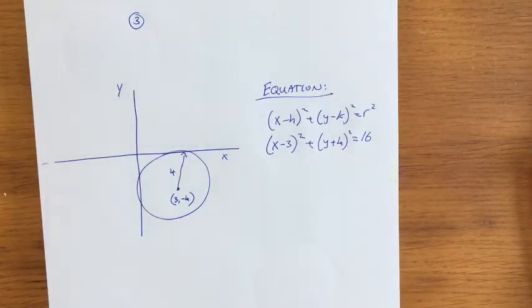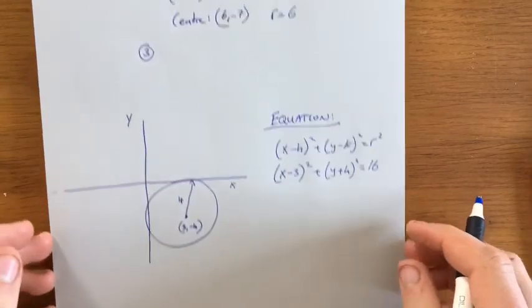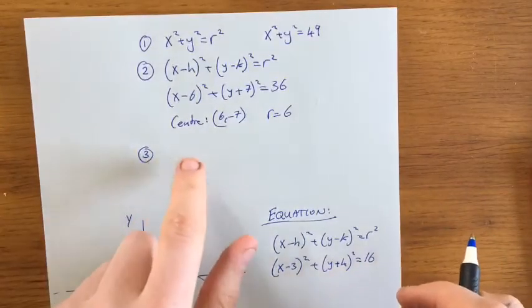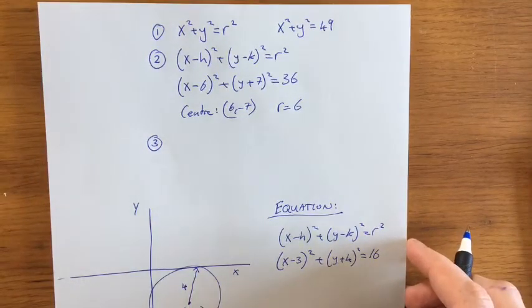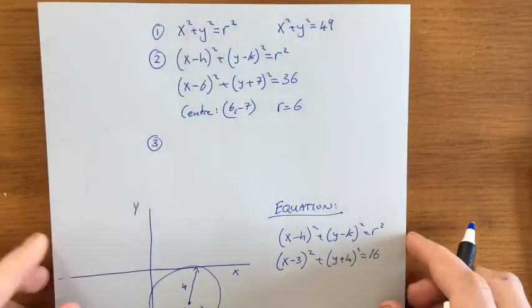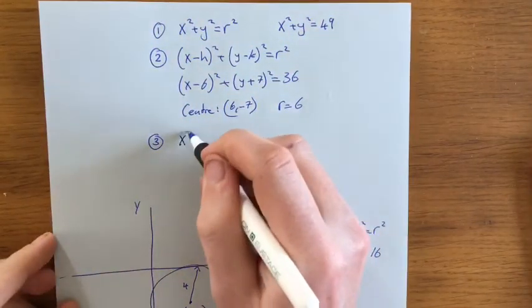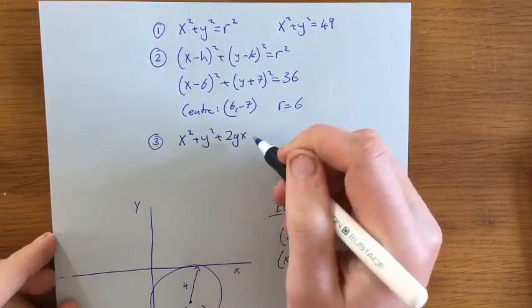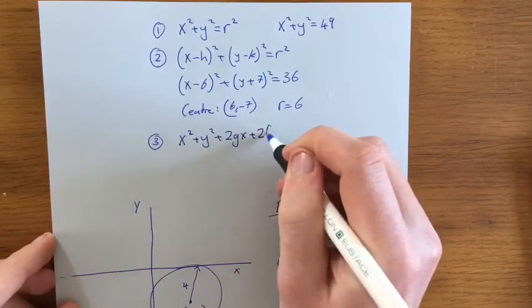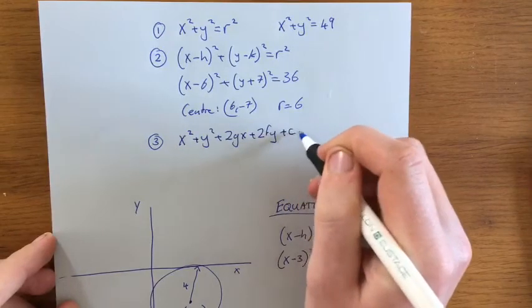Okay, so now we can start to talk about the next format of equation that they can ask you. It's in the format x squared plus y squared plus 2gx plus 2fy plus c is equal to 0.